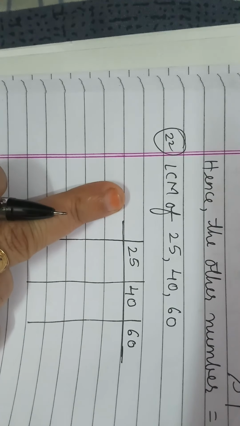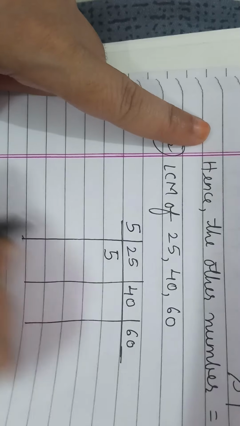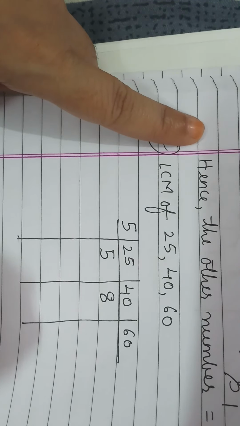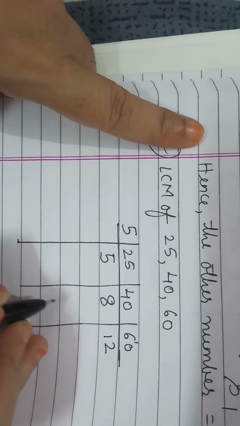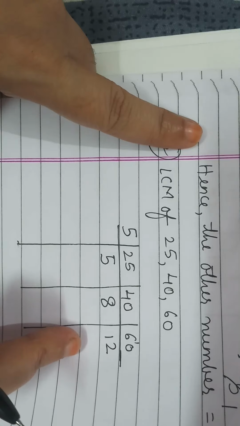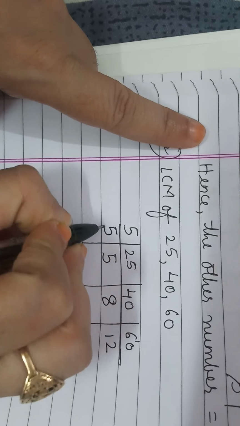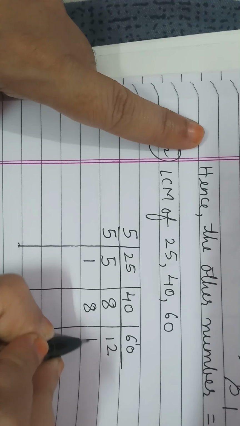But right now I am taking 5. So 5 times 25 is going. Then 5 8 times 40 is going. And 5 1 ja 5, 5 2 ja 10. That means 5 12 times 60 is going. Again 5 is coming. So I can take 5 here. 5 1 ja 5. Then 8 and 12.